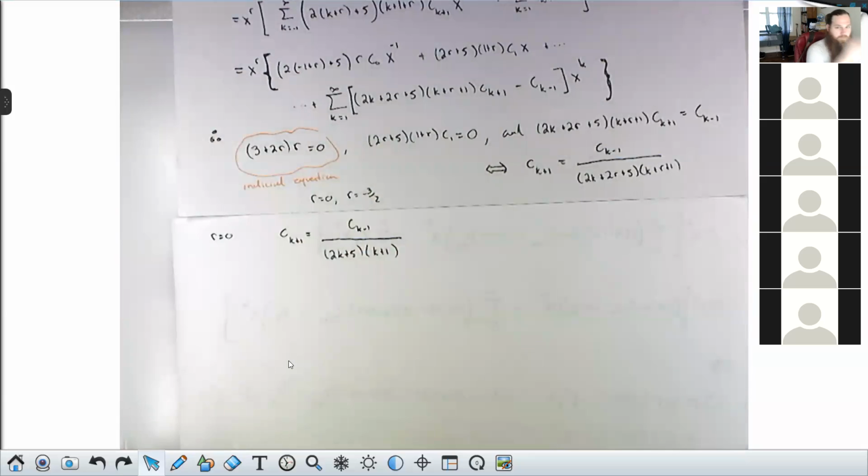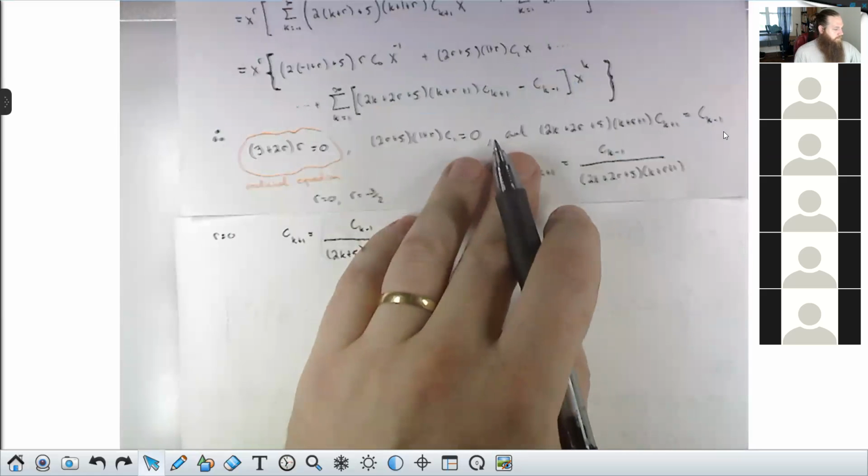Wait, shouldn't the c_{k-1} be negative? So this was a difference, right? This minus this equals 0. So when I set this all equal to 0, I just add c_{k-1} to both sides. So now this should be positive. That part is correct. But above that, it's plus c_{k-1}.